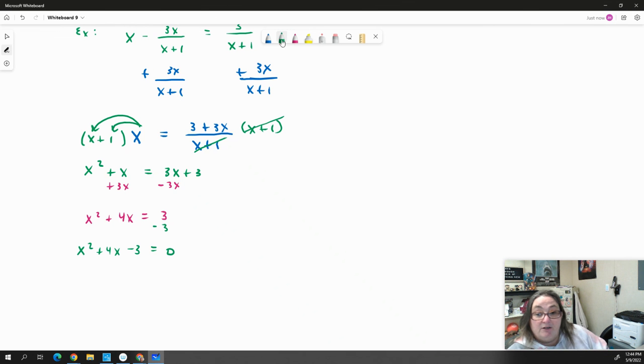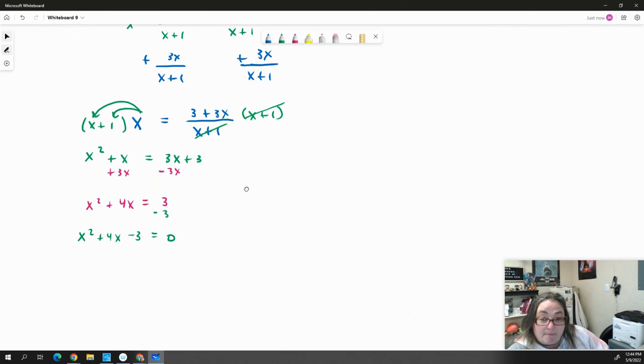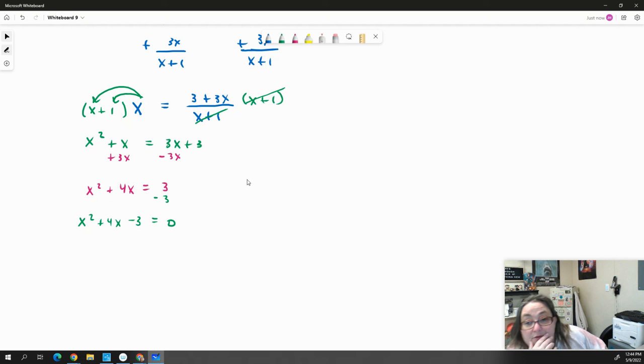And so now we can look for our factors of 3 that equal 4x. But really, we don't have any, right? We don't have anything that's going to add together that would give me a negative 3, right?